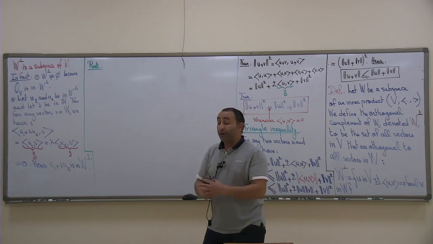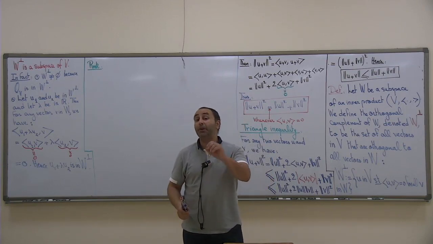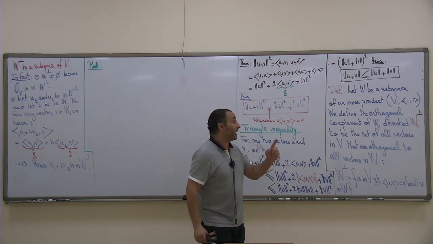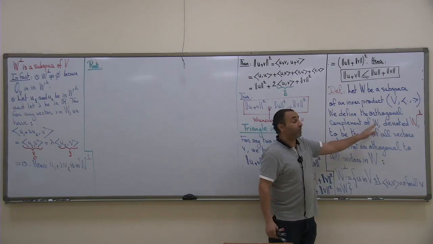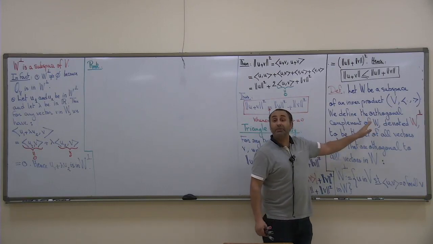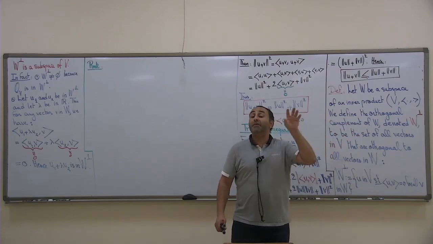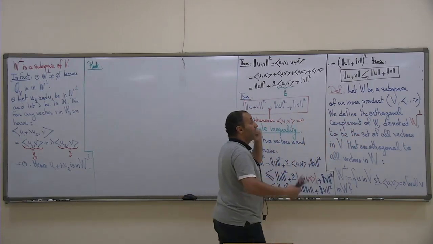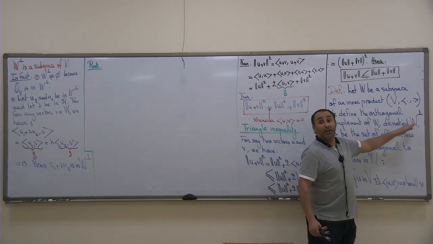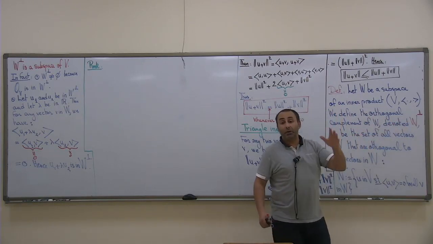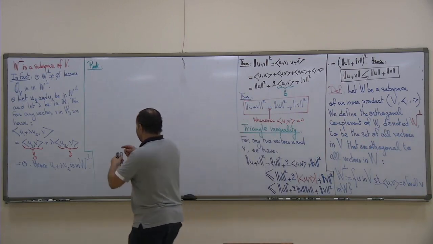The first trick is extremely helpful if you have a basis of the subspace W. If you have a basis of the subspace W, then it's very easy for you to figure out a vector space that is orthogonal to all the vectors in W. In other words, it is very easy for you to characterize the orthogonal complement. So let me write here.